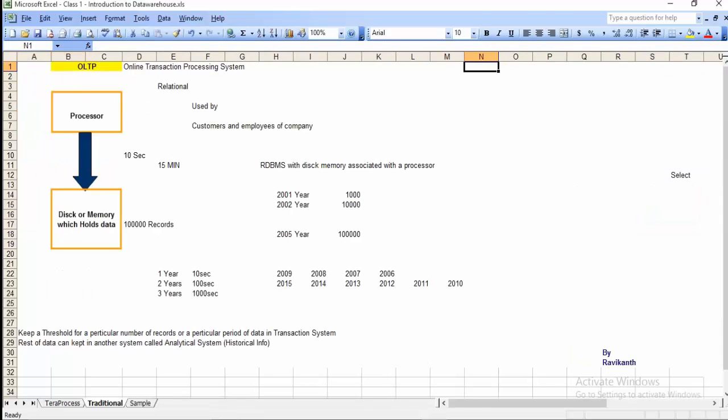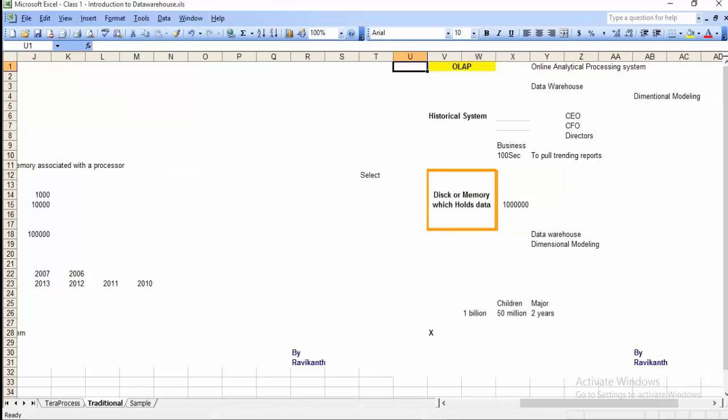To extract the data from your OLTP system and load it into your OLAP system, all organizations these days follow a best practice called the ETL process, which means extraction, transformation, and then loading.